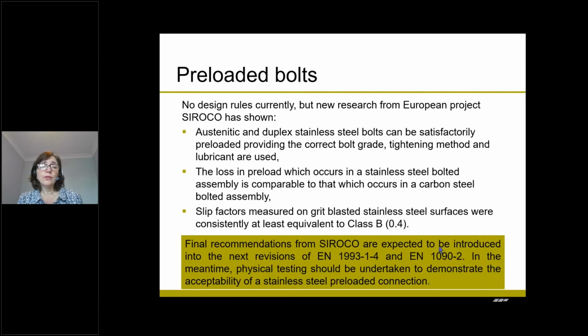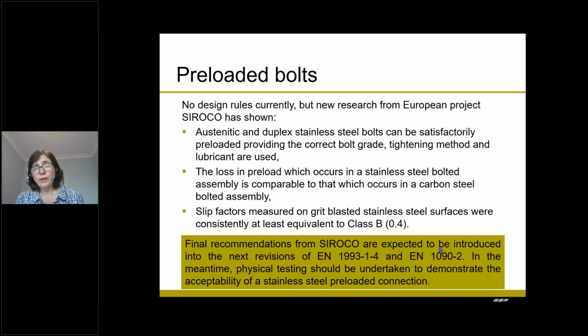The conclusions show that you can preload austenitic and duplex stainless steel bolts, but you do need to make sure that you're using the right tightening method and lubrication. The loss in preload is similar to what you would get in a carbon steel bolted assembly. And we have produced guidance on slip factors for grit blasted and other types of stainless steel finishes.